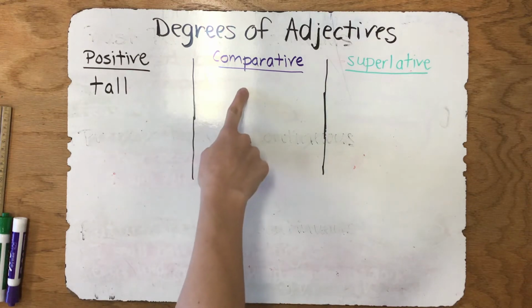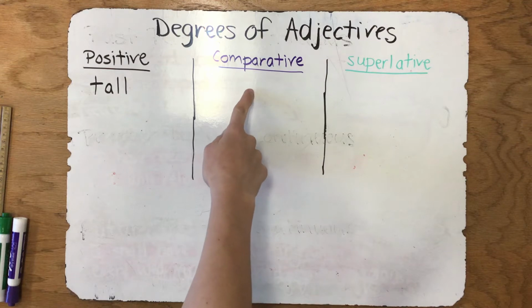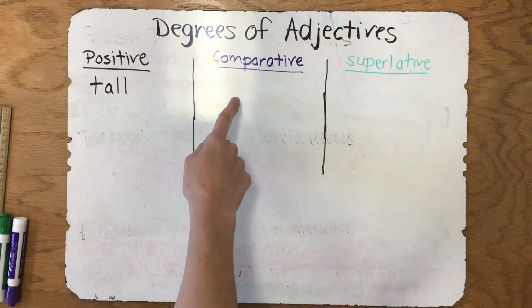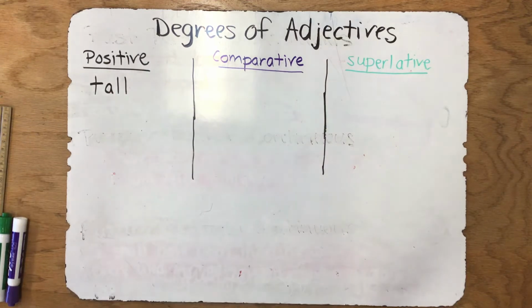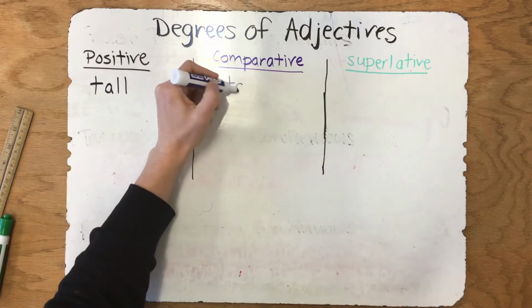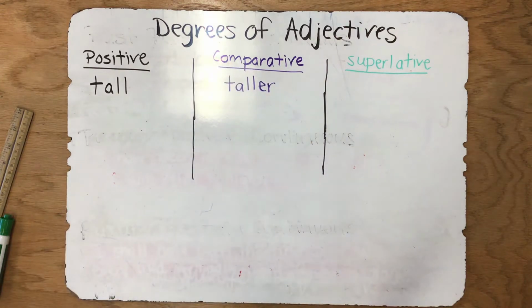When we want to compare nouns, we can use adjectives for describing two different nouns. So for example, we might say, Miss Bigelow is taller than Henry. We would write the word taller because we're comparing myself, Miss Bigelow, and Henry. So we add an ER.